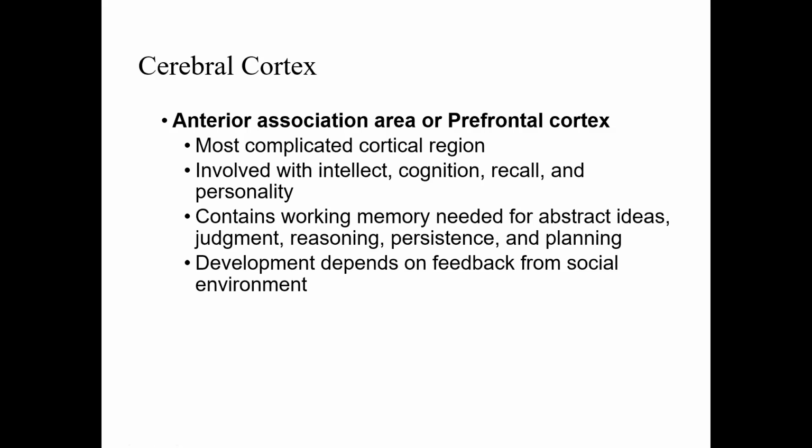Our intellect is found here. Our cognition, our ability to process information, our awareness is located here. Our ability to remember facts, places, names, dates, people, all this recall is located here. Our personality, for good or for bad, is located in the prefrontal cortex. All of our working memory is located there.